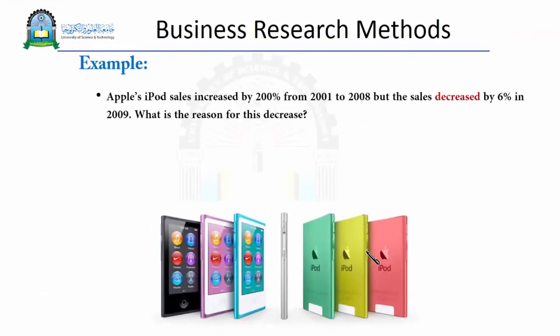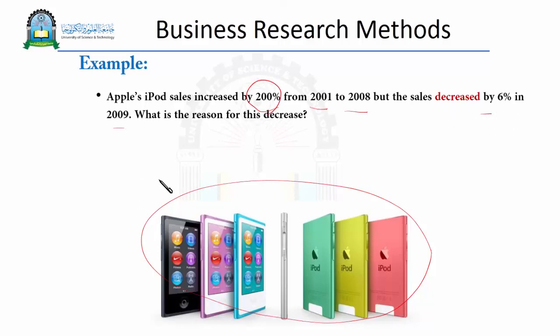Like this example. You know, the iPod was introduced by Apple company in 2001. It had an increase in the sales by 200% until 2008, but the sales decreased by 6% in 2009.